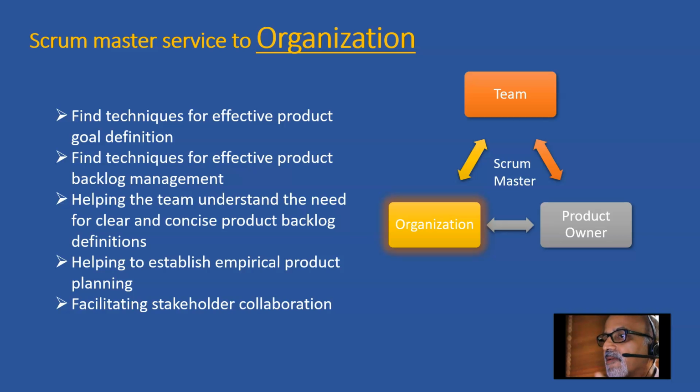So it is the Scrum Master's responsibility to the organization to establish these things, because we need to bring in estimation techniques, story points and stuff like that, or anything, because again, Scrum Guide is not proposing any one particular technique. It is giving freedom for the Scrum team to decide the techniques and the tools they can use.